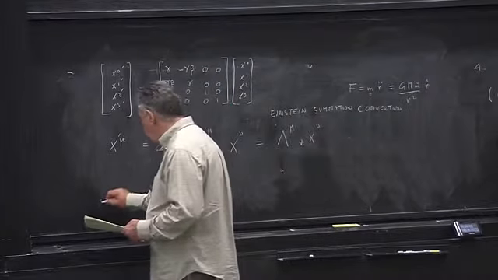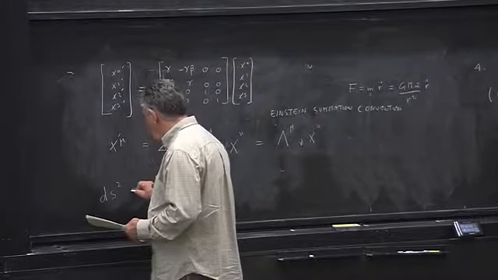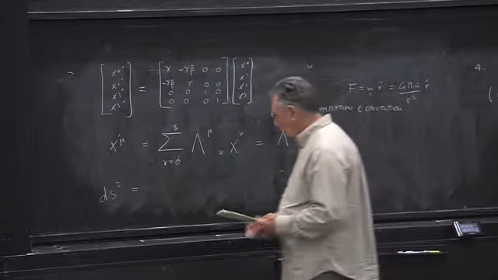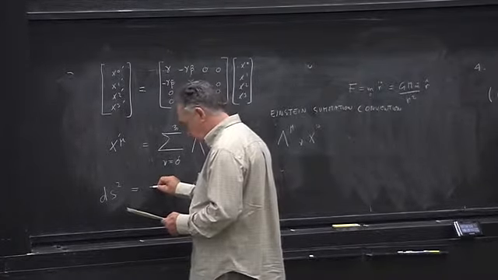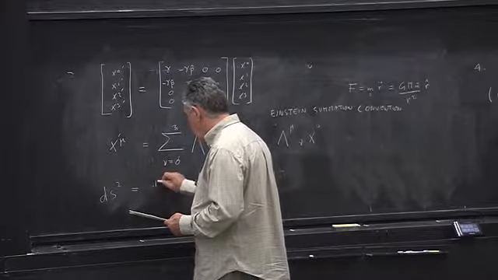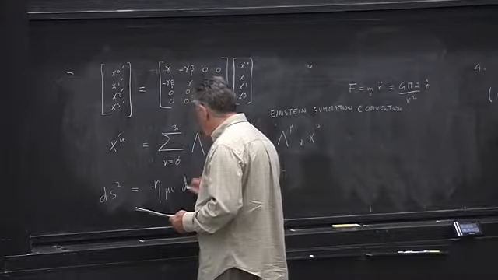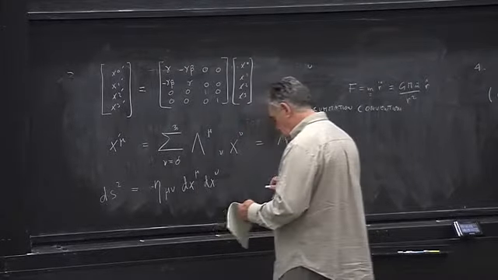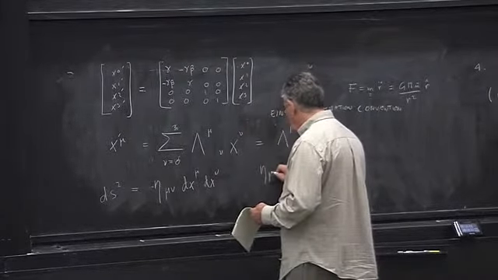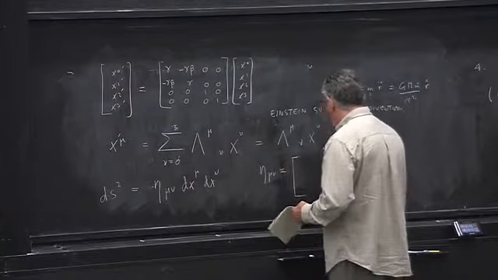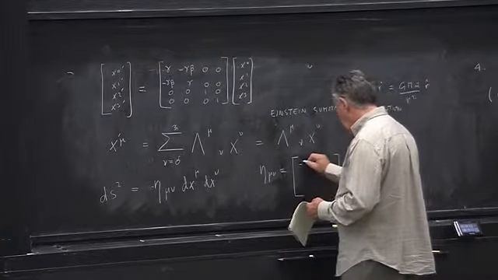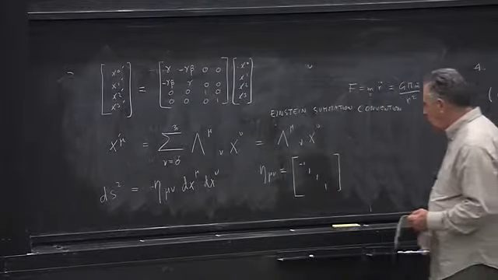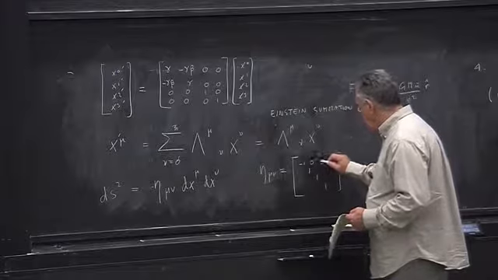And using the same rule, this infinitesimal distance in this four-dimensional space-time can be written as eta mu nu dx mu dx nu, where eta mu nu is a 4x4 matrix with diagonal entries -1, 1, 1, 1, and zeros everywhere else.